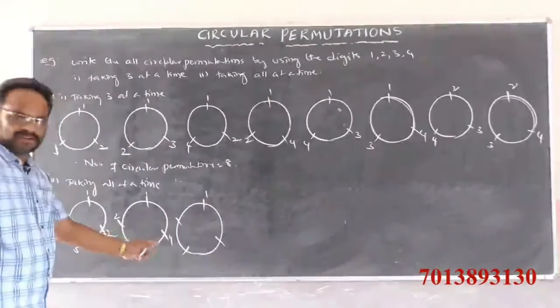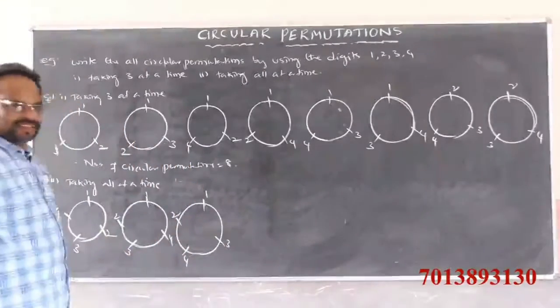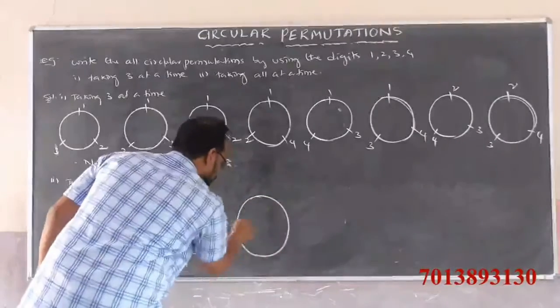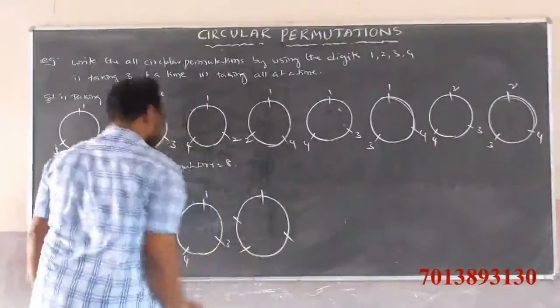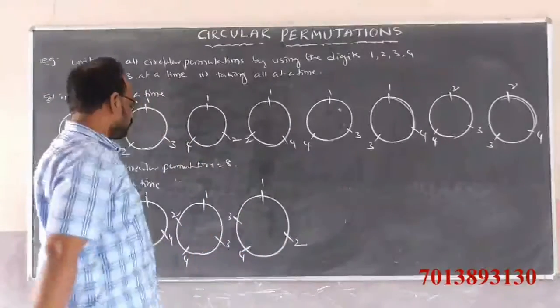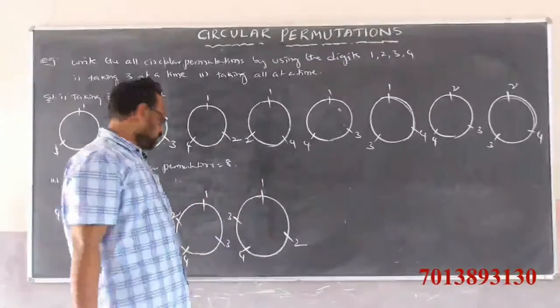Change the 2 objects, that is 1, 3, 4, 2. This is the clockwise direction. The anti-clockwise direction is 1, 2, 4, 3.